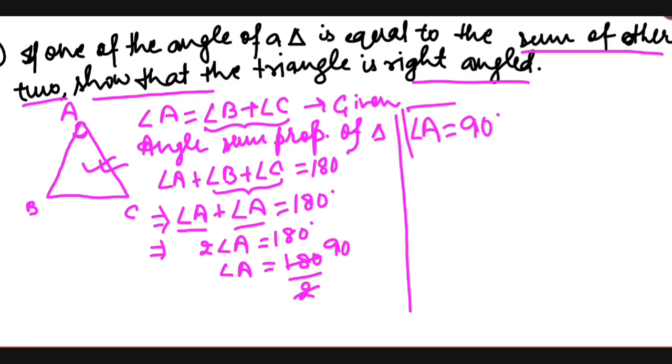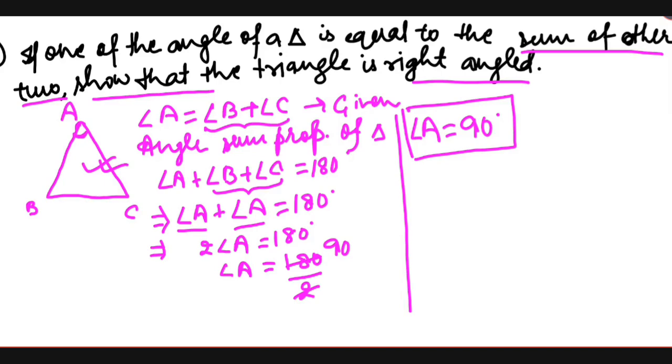Now we have studied, students, in the previous video when we were classifying the different types of triangles on the basis of angles, that if we have a triangle and there is a 90 degree angle, then that type of triangle will be called a right angle triangle. And any triangle can have only one 90 degree angle.